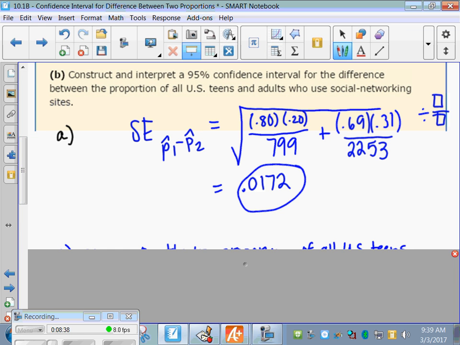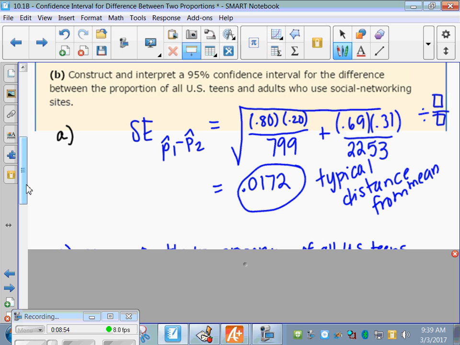So this is the typical distance from the mean. But, of course, you have to interpret it in the context of the problem, so make sure you do that.